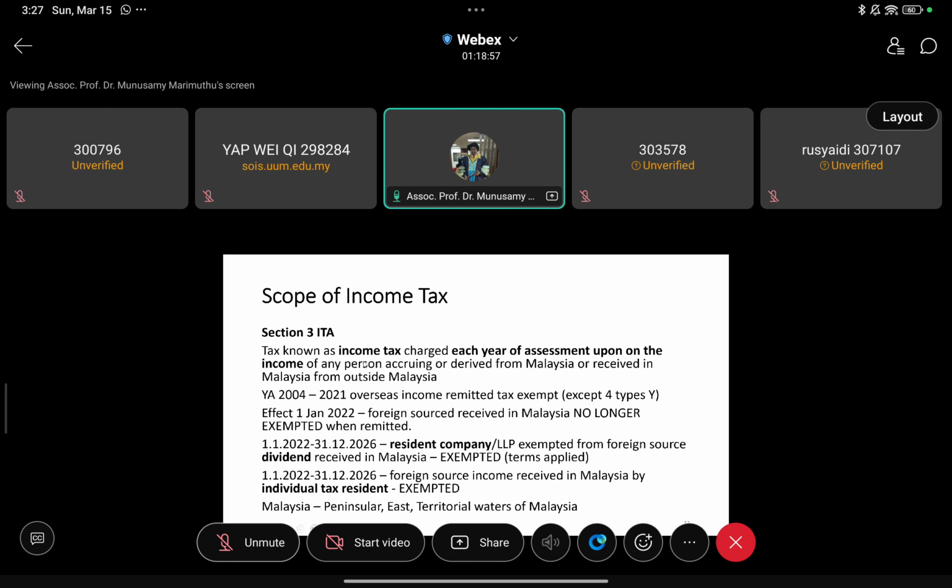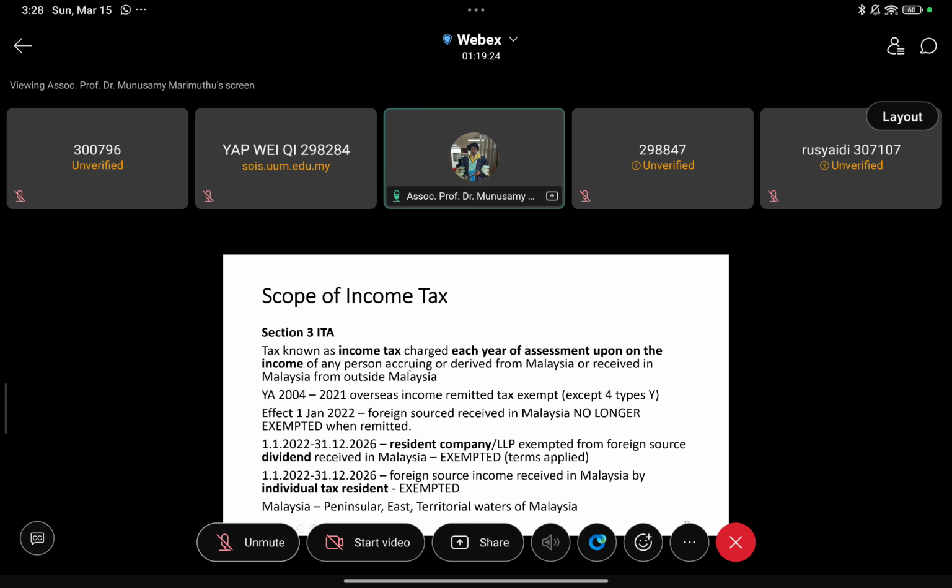Income of any person, which can be an individual or a company. So it's charged on income, that means revenue income, of a person, meaning individual or company, accrued in or derived from Malaysia. Accrued or derived, so irrespective of whether they have paid or not. Once you have given the services, it's considered income, even if you have not received it yet.